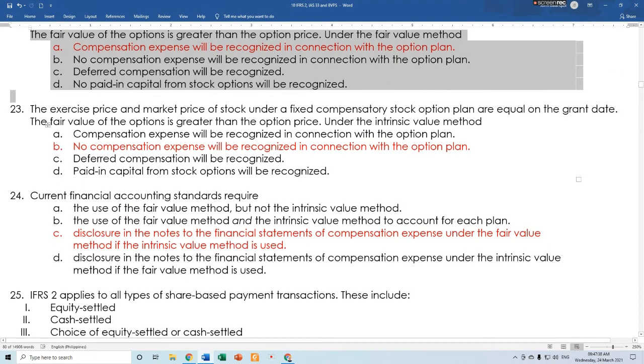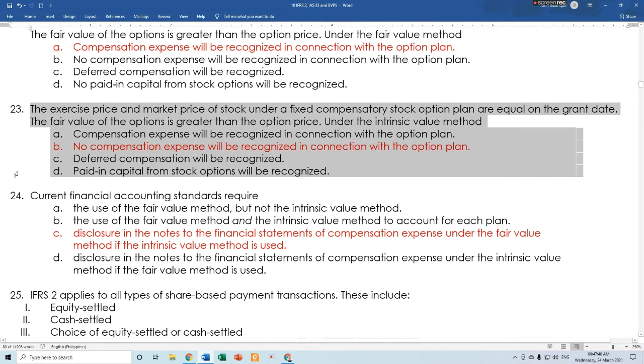Okay? Ito naman, the exercise price and the market price of a stock under a fixed compensatory stock option plan are equal on the grant date. The fair value of the option is greater than the option price. Under the intrinsic value method. So, intrinsic value method, ano gagawin mo? Maghintay ka muna ng isa pang period or isa pang date saka tayo magde-determine kung magkano yung ating i-recognize na expense.